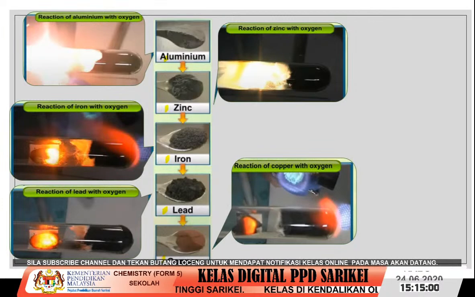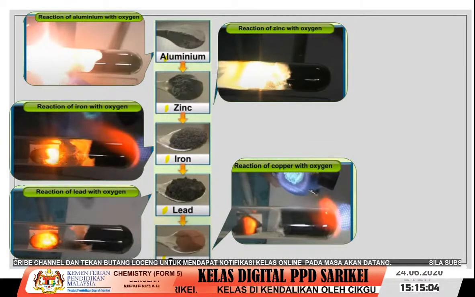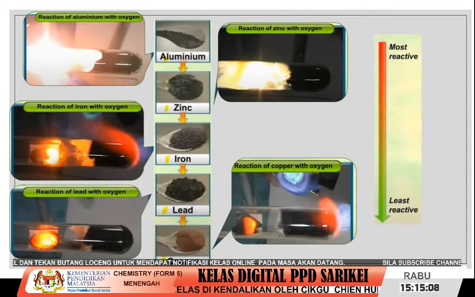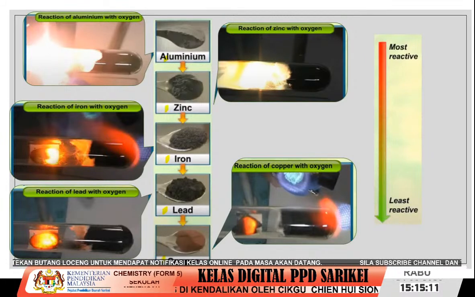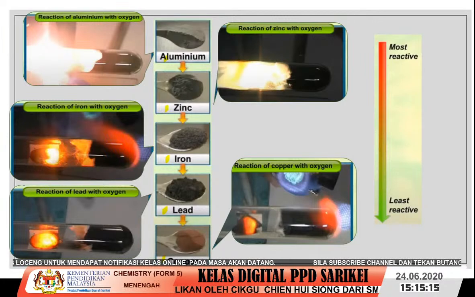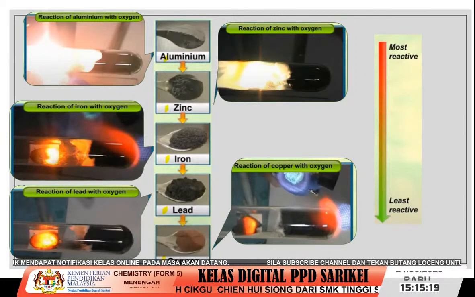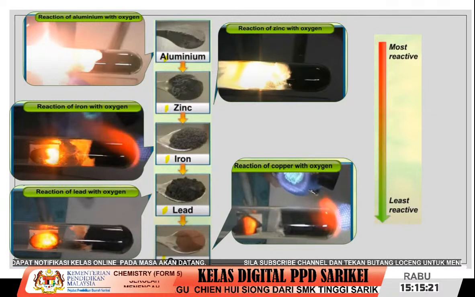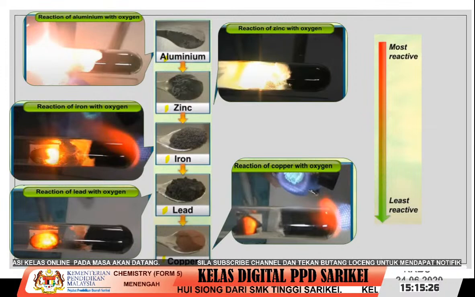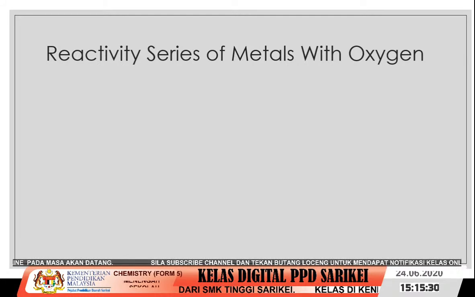And lastly, copper glows faintly with oxygen. So now we can arrange these metals from the most reactive to the least reactive. Aluminium is the most reactive metal among these five, followed by zinc, iron, lead, and the least reactive metal is copper.